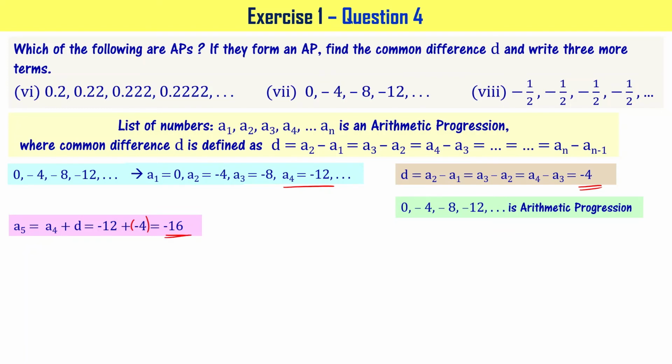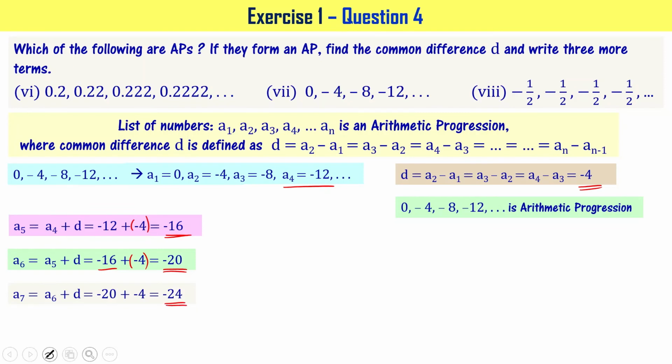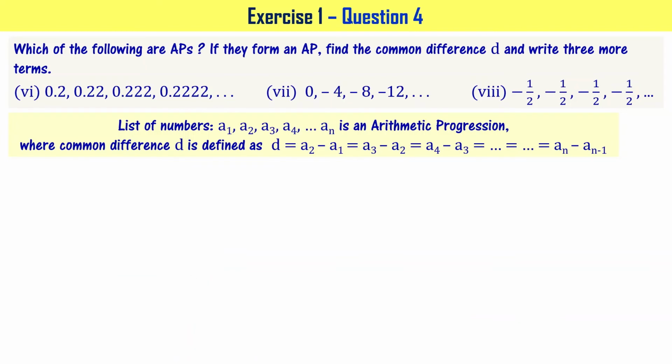A6 is going to be A5 plus D, that is minus 16 plus minus 4, that is equal to minus 16 minus 4, that is equal to minus 20. A7 is going to be minus 20 minus 4, that is equal to minus 24, right? Now you have 3 more terms known. Let's write them. So these are the 4 terms given, and we have written these 3 terms. Got it? Let's see the next one.